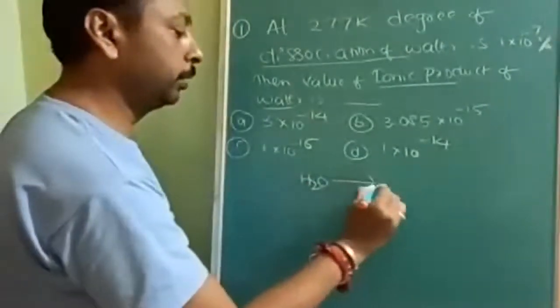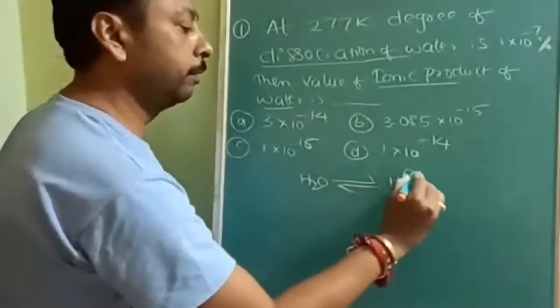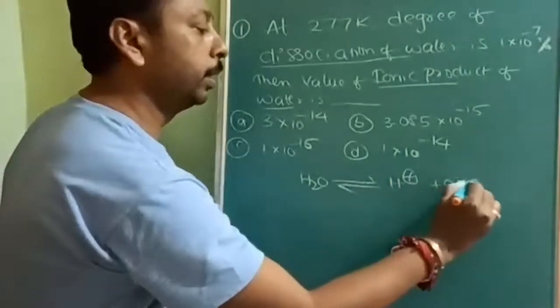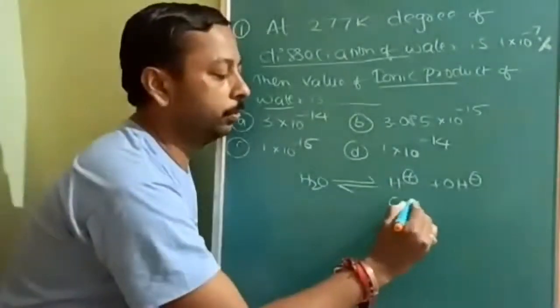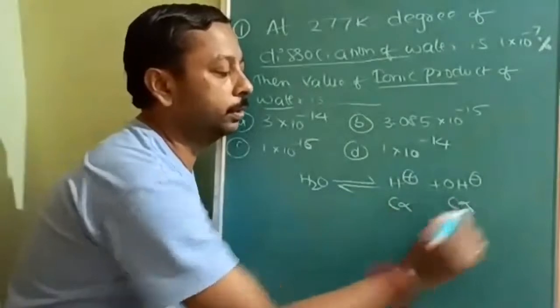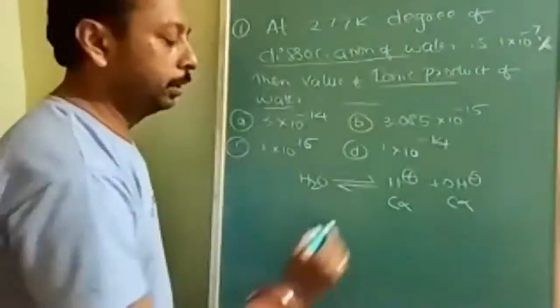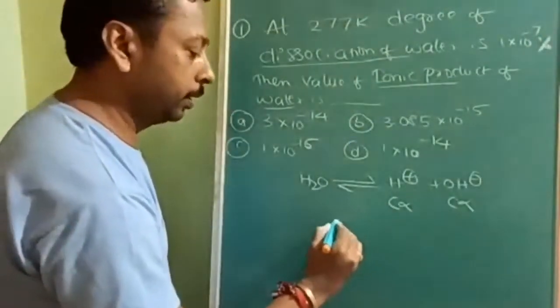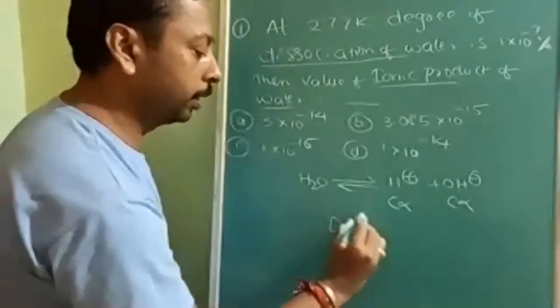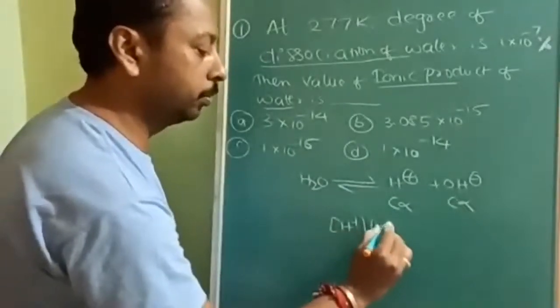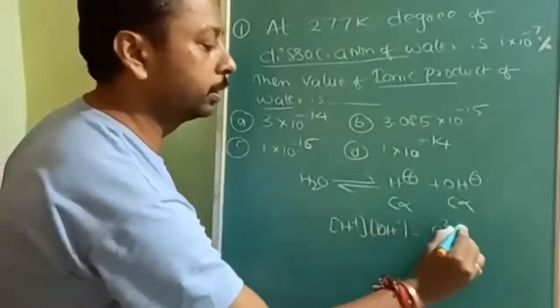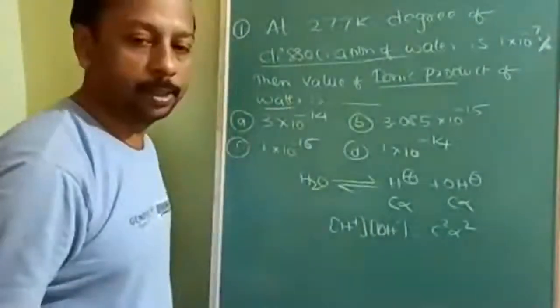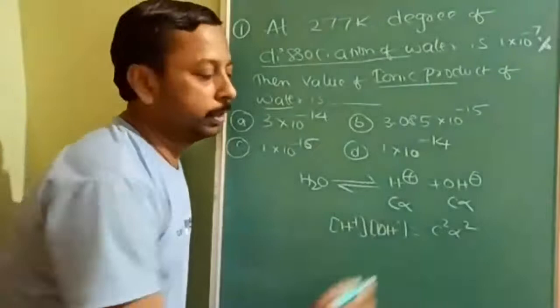H2O dissociates to give H positive plus OH minus. As per the Ostwald dilution law, this is C alpha, this is C alpha. So the ionic product of water means H plus into OH minus, so C square alpha square.